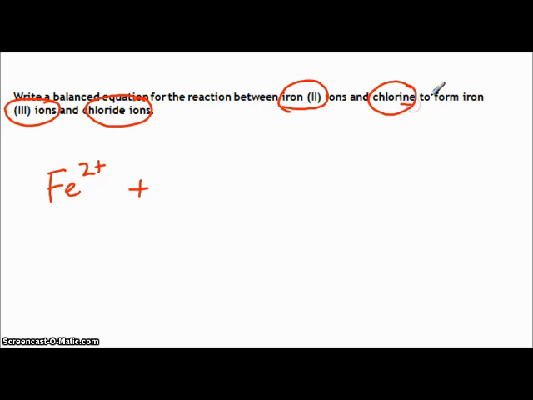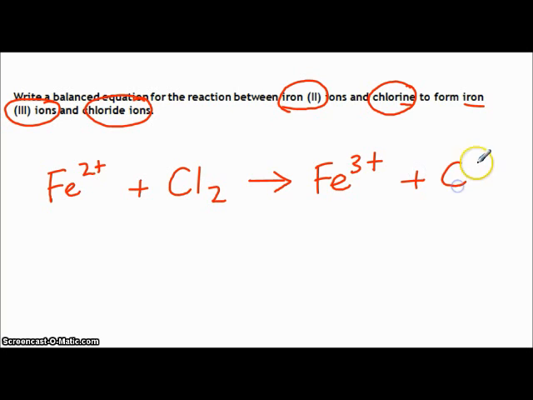Notice the ending INE indicates that it's elemental chlorine, and remember that that's diatomic. It reacts to form iron 3 ions. That 3 tells you its oxidation number and its charge, so it's Fe3+. And chloride ions are just Cl- ions.